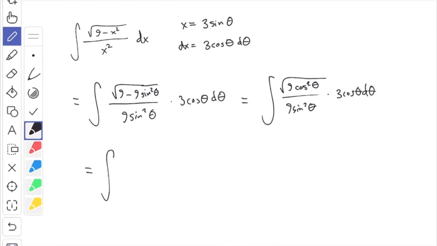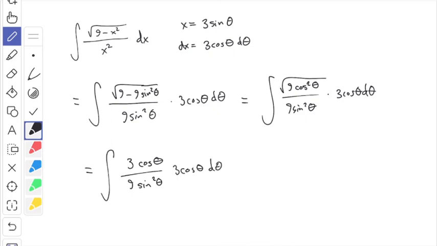What can we do to simplify? What happens in the numerator there? Square root of 9 cosine squared theta. What's that going to be? 3 cosine theta, yeah. The 9 gets the square root and makes it a 3, and the cosine squared theta gets the square root and becomes just cosine theta. On the bottom here, I have 9 sine squared theta, and then I have another 3 cosine theta d theta.